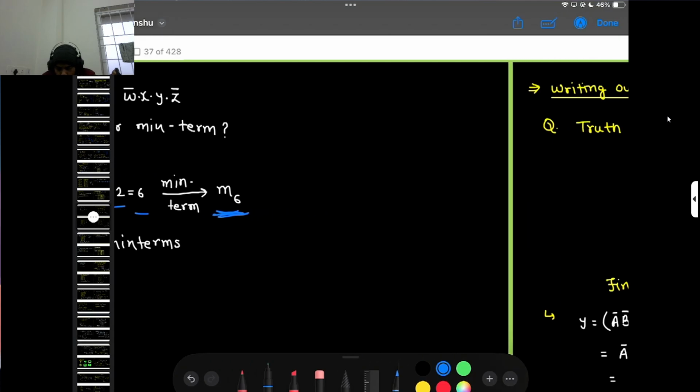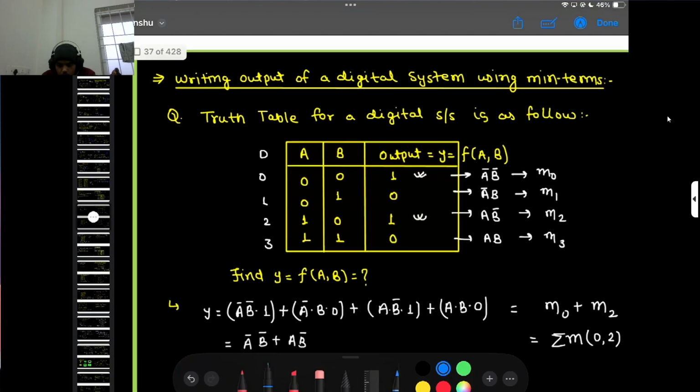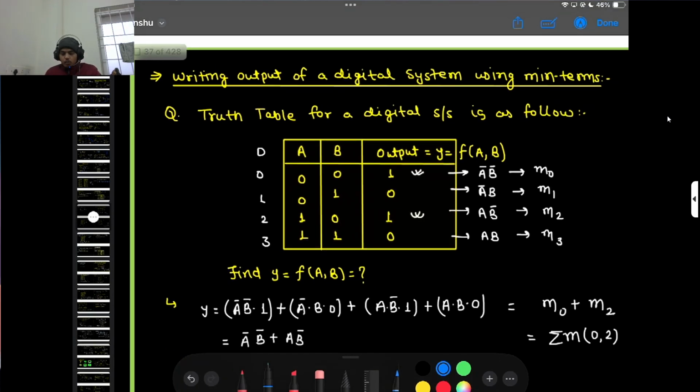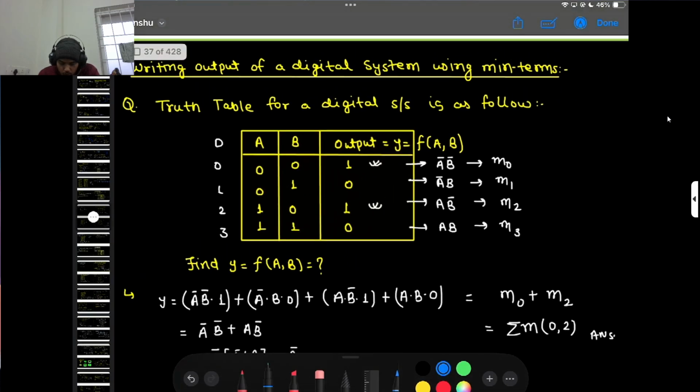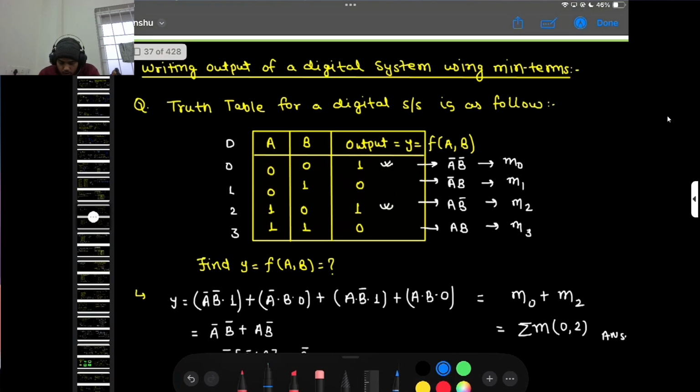Okay, so here is writing the output of a digital system using minterms. The truth table for the digital system is as follows. Here AB is 0 0.